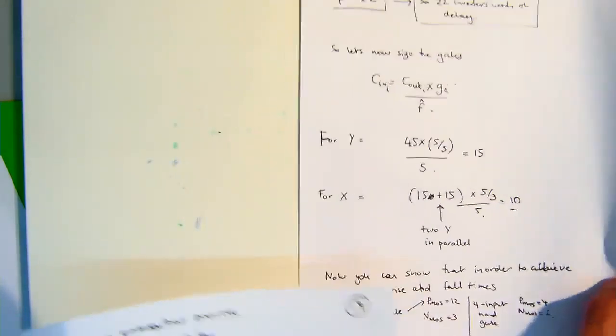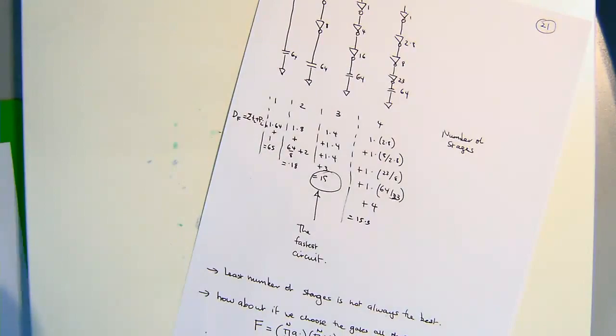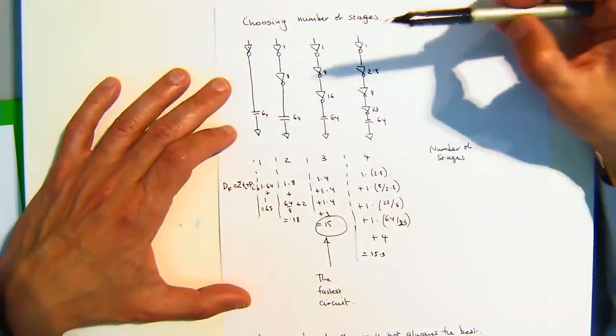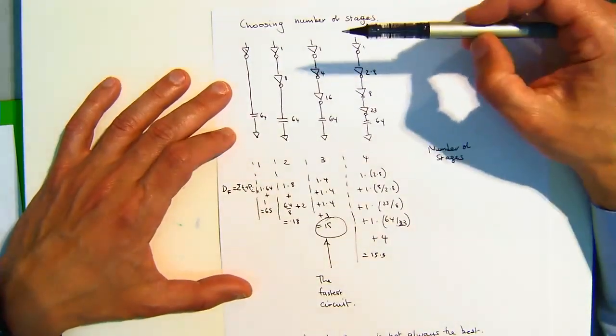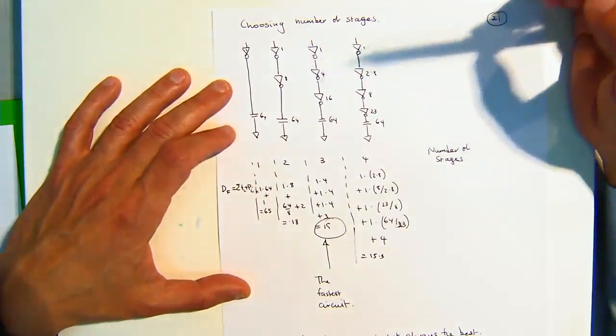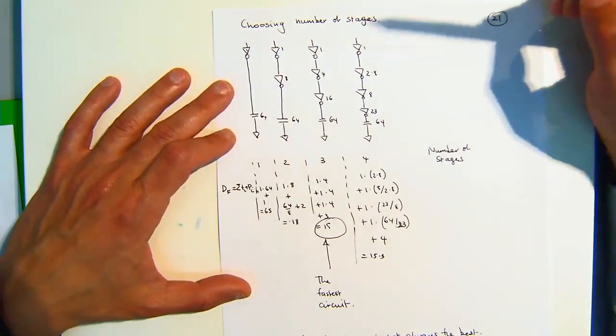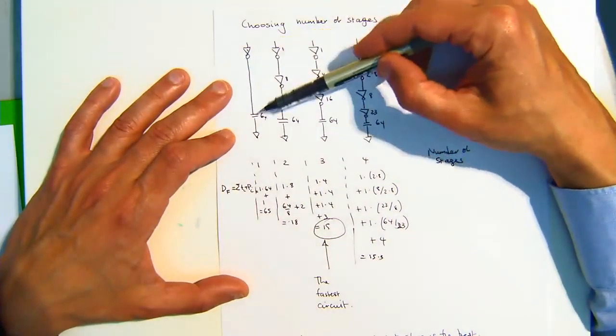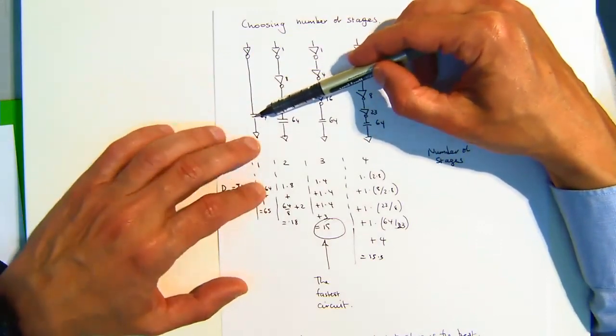All right, let's do one last example before I've got to call it a day. Let's now look at this very interesting example. As I've mentioned to you, what we've got here is an inverter driving some kind of circuit.